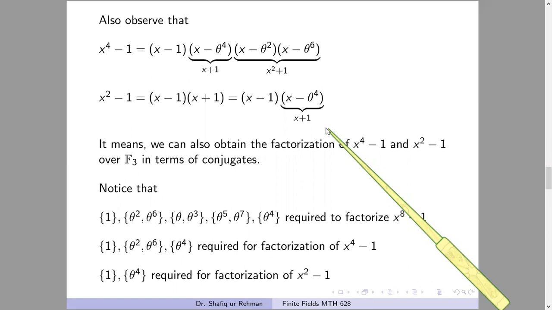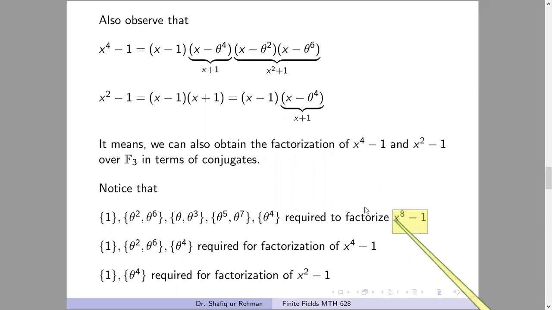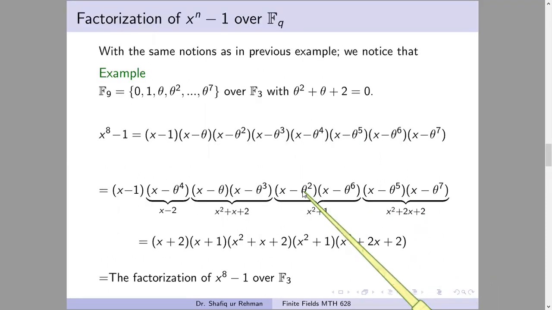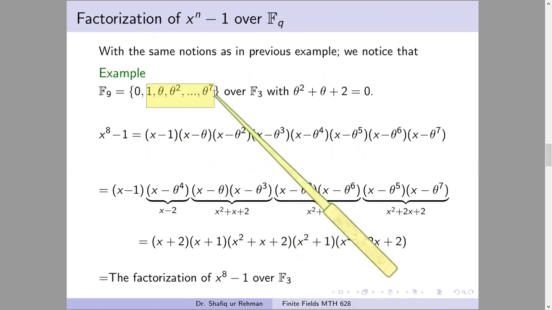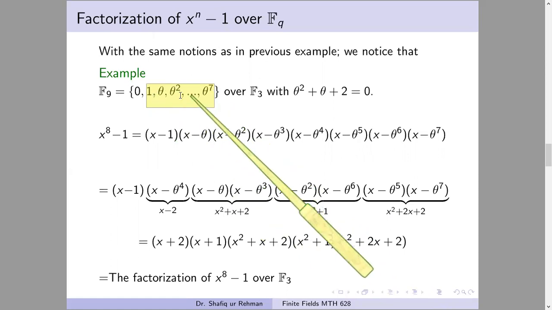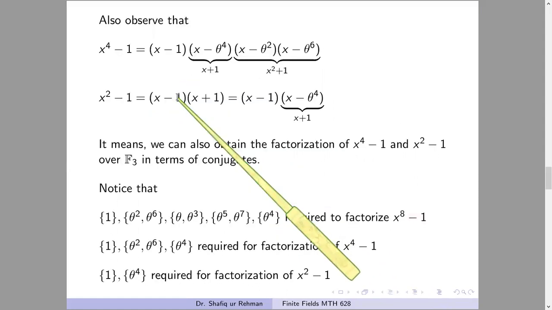For instance, you notice that when we factorize x power 8 minus 1, we take the field F9, exclude 0, and take all the sets of conjugates of these non-zero elements. And by using these elements and dividing them into sets of conjugates, we get the factorization of this polynomial.